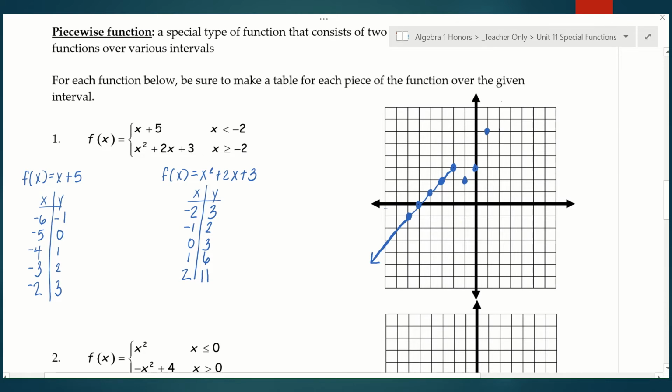Oop, 211 is not going to fit, so I'm not going to bother with that. All right, so there is our second piece of our piecewise function. So it's a piece of a parabola. And that's it. Like I said, I think writing out the tables is a little bit easier than trying to graph these by hand or any other way.